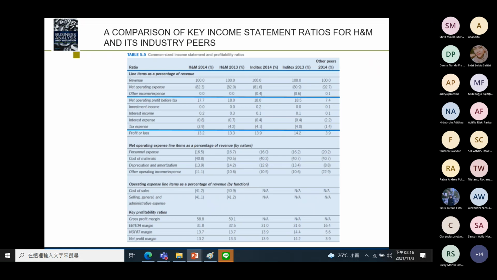That is computed as the revenue minus cost of sales over the revenue. Gross margin is influenced by two factors: the price premium that firms' products or services command in the marketplace, and the efficiency of firms' procurement and production process.